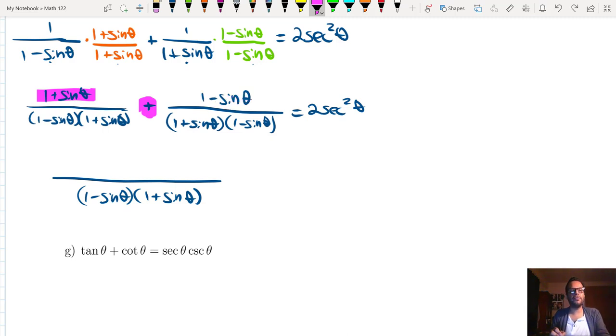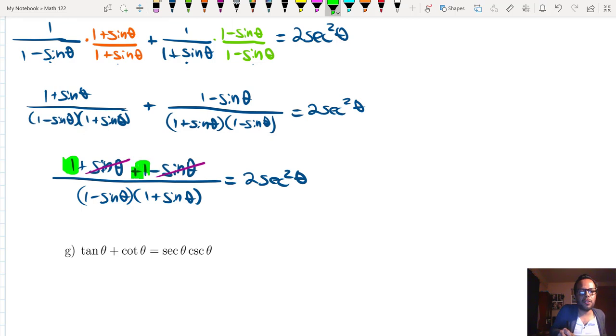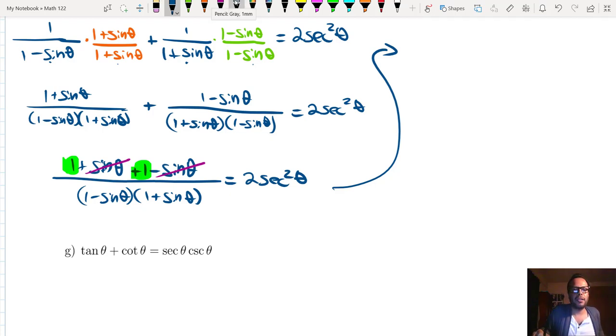Okay, what are we going to get from here? 1 plus sine plus 1 minus sine, and this will be 2 secant squared theta. Notice how this sine theta minus sine theta cancel each other, and we can combine this 1 plus 1 to give us a 2, right? Let me move on here to this side of the screen.